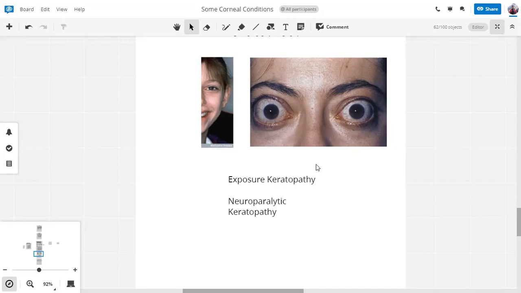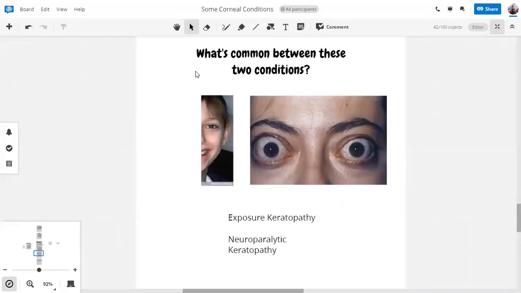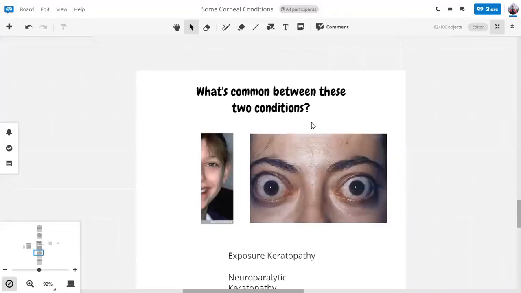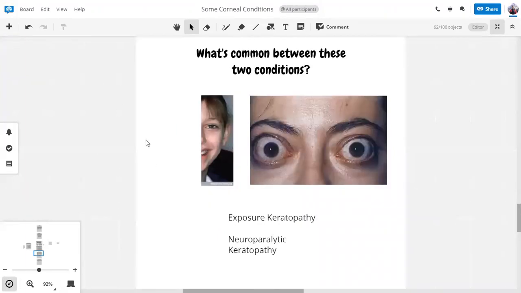Keratopathy, it's not an infection, but there's a corneal lesion. If there's a neuroparalysis and the eyes are not able to close, and that causes this disease, so it's a neuroparalytic keratopathy. These are two important diseases which come as MCQs, and they confuse if you don't know what they are or what they're causing.